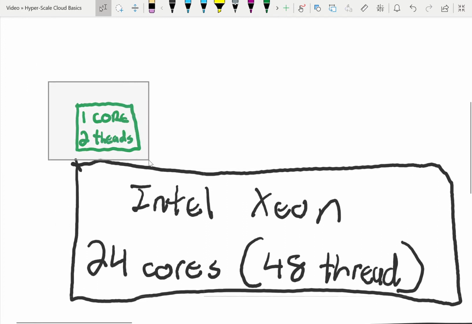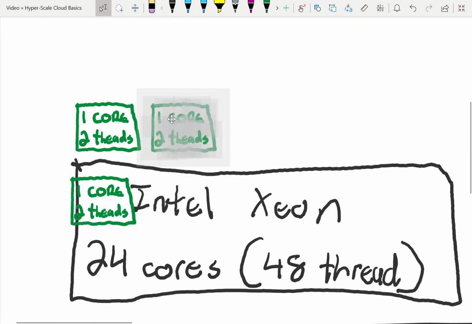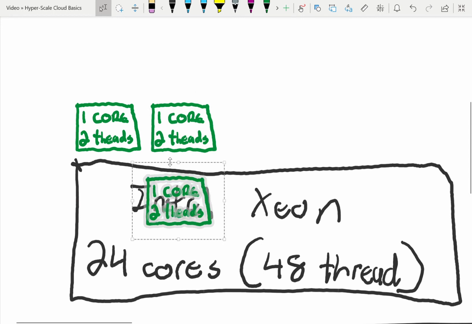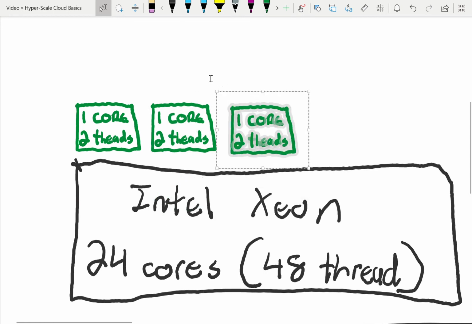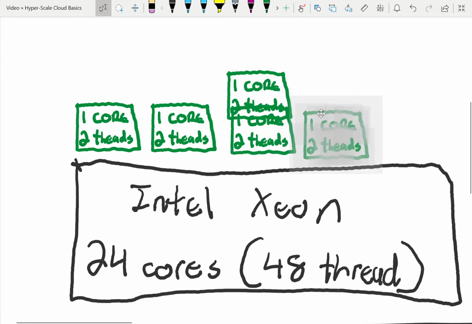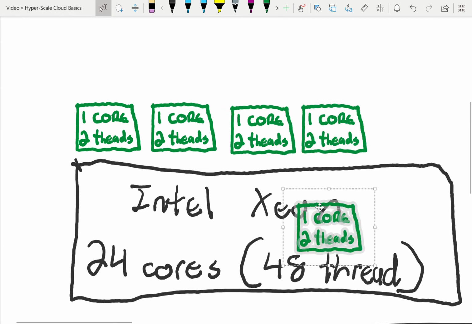And let me go ahead and make a copy of this. So I'm showing multiple cores on this box. Now, obviously, this is not to scale. So I'm showing there's 24 cores on the box, but on this diagram, I've got room for maybe 5.